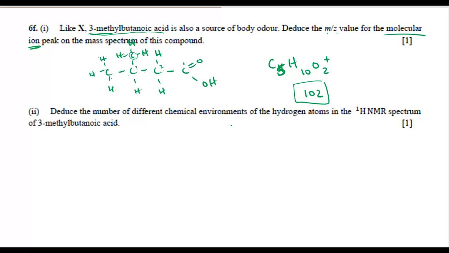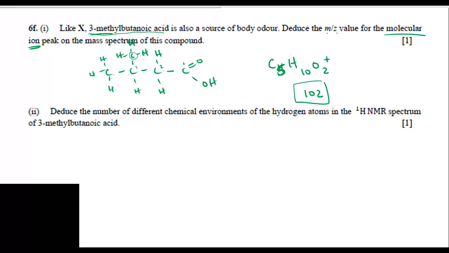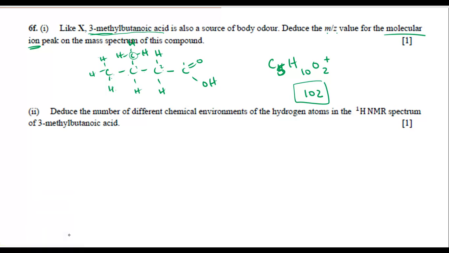How many different environments would we see for the H1 NMR of this guy? So I've got these 3 hydrogens in a methyl group on this carbon. This carbon also has these 3 hydrogens in a methyl group. So these guys are in the same environment. I've got 6 hydrogens in this environment. I have 1 hydrogen on a carbon with 2 methyl groups and a carbon.